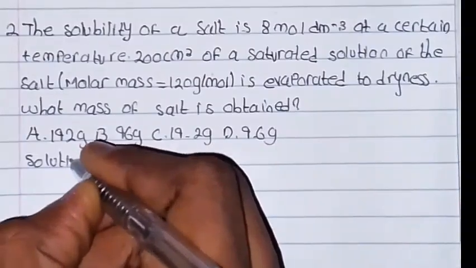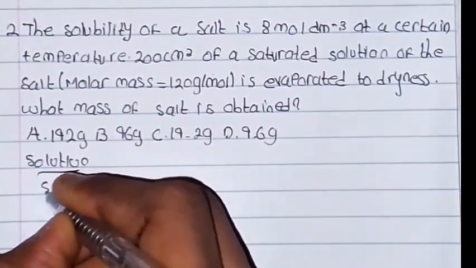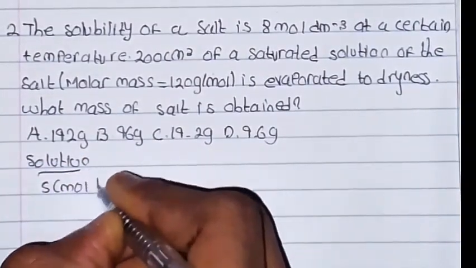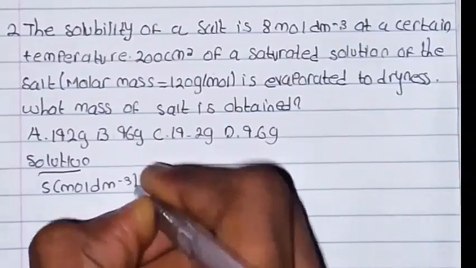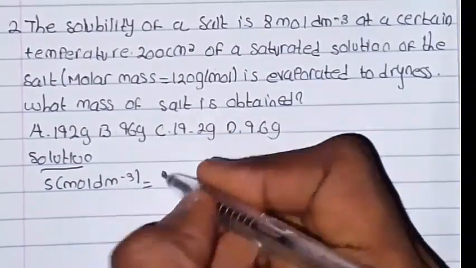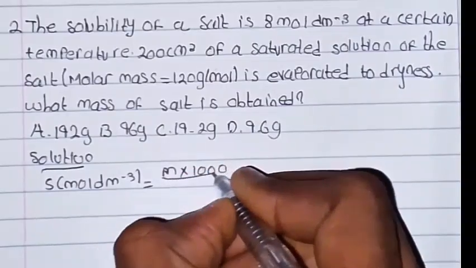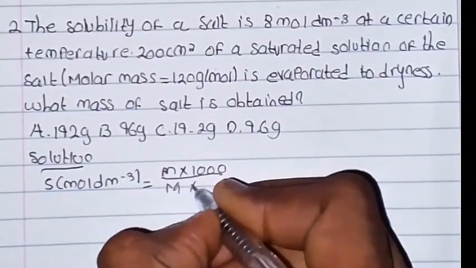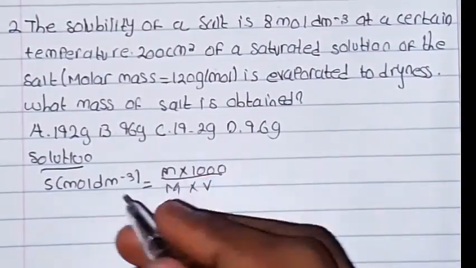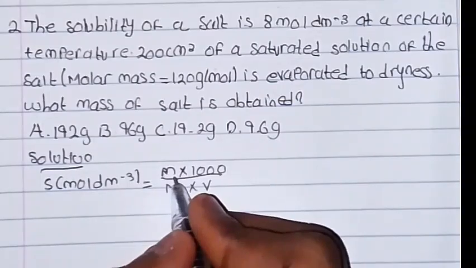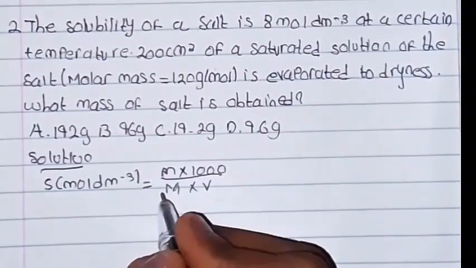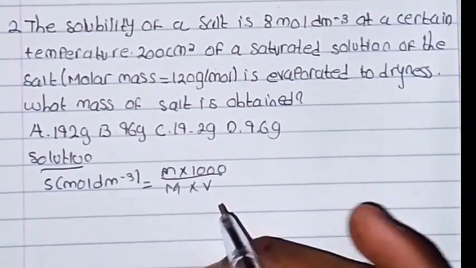In solution, remember I said that solubility in mole per dm cube is equal to mass times 1000 over molar mass times volume. Since we're given solubility, molar mass and volume, can I make mass the subject of the formula? Of course.